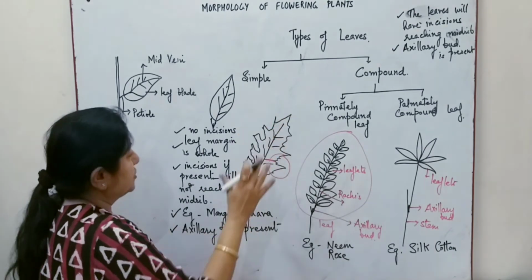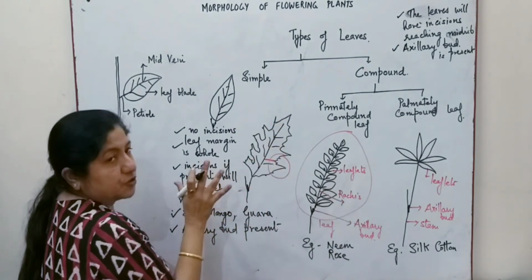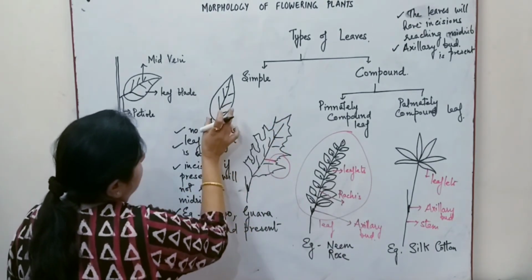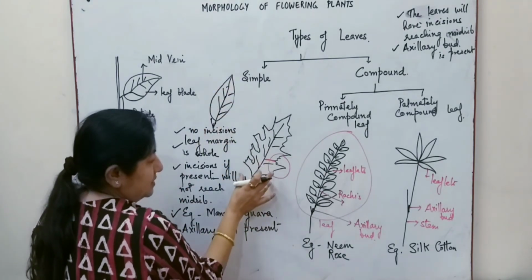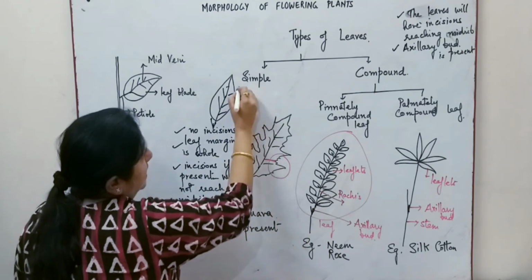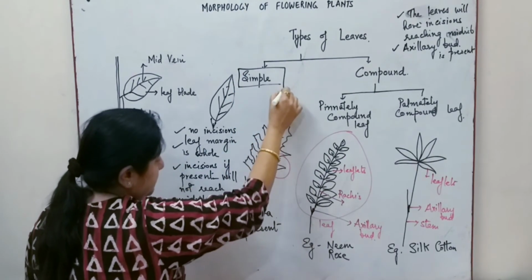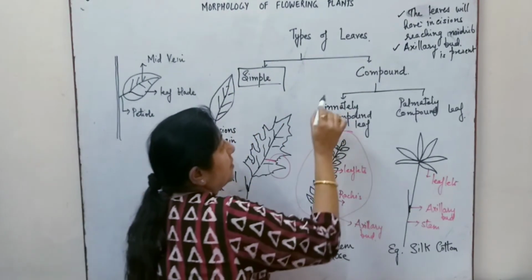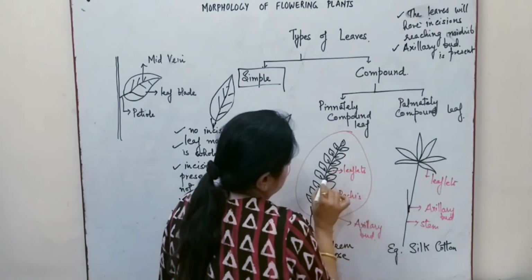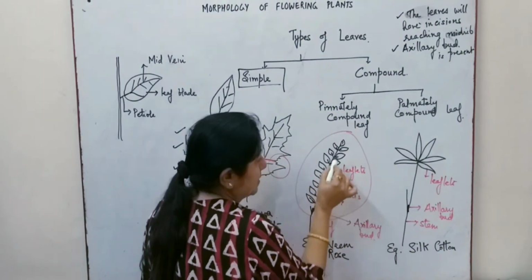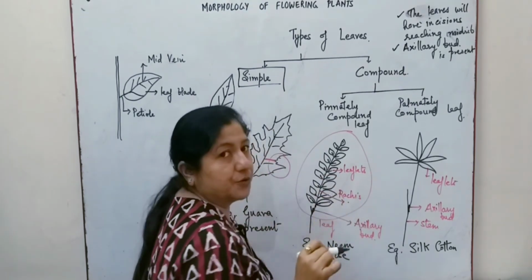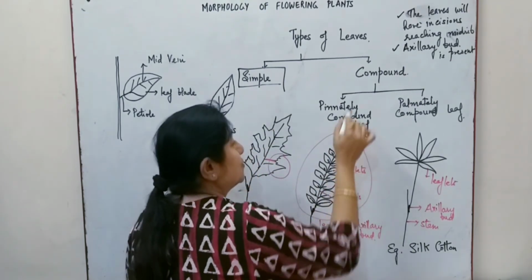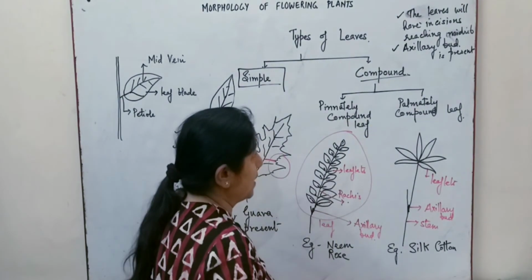So, the one in which the lamina is entire and the incisions are not reaching up to the midrib, that type of leaf is a simple leaf. And if the incisions reach right up to the midrib, then the midrib is known as rachis and the structures formed are known as leaflets. So those are known as compound leaves.